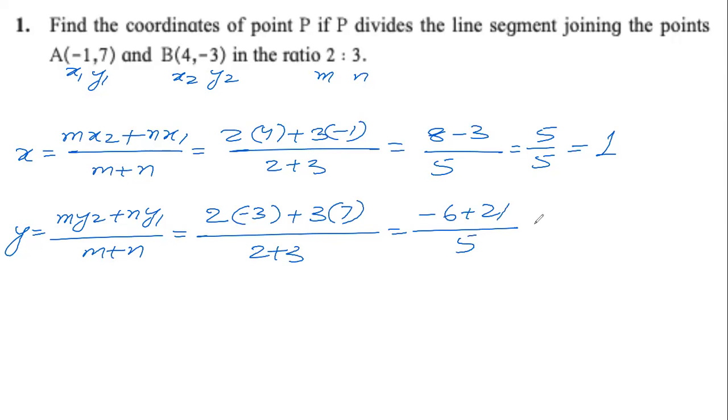Minus 6 plus 21 is 21 minus 6, which is 15, by 5 equals 3. Remember, Anushka, Chand, you got this integer operation wrong. Be careful. So the coordinates of the point P are (1, 3). Simple.